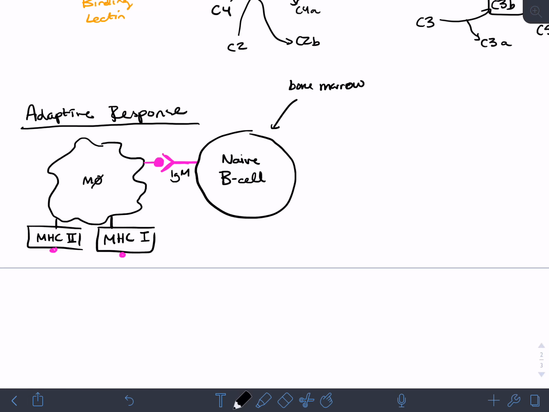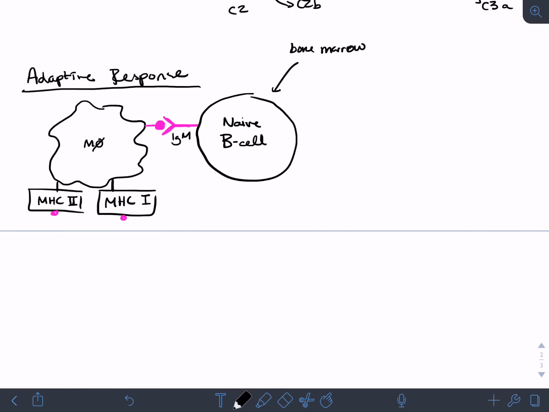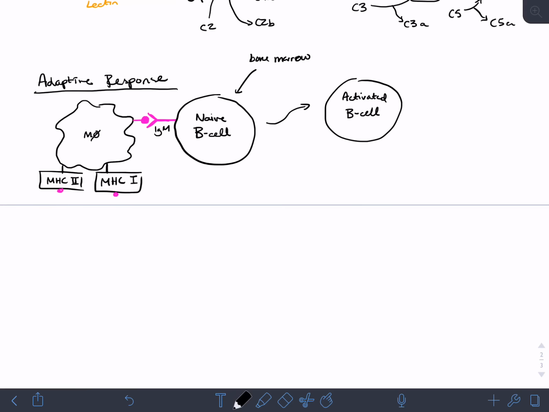Okay, so now what's going to happen is your naive B cell is going to activate. Activated B cell. Now this active B cell is very limited in what it can do.